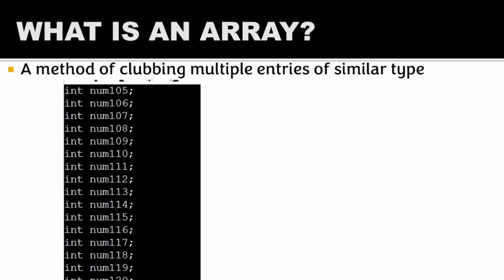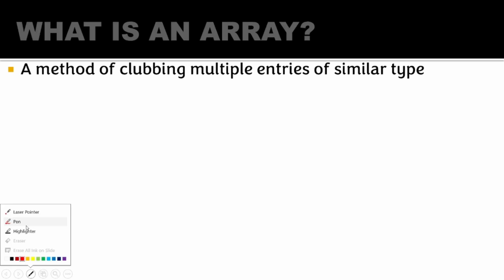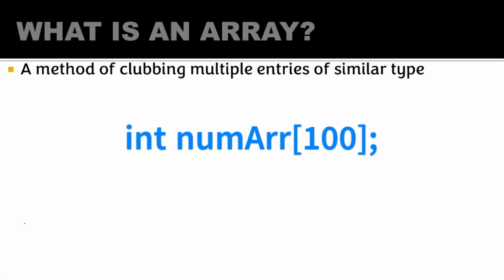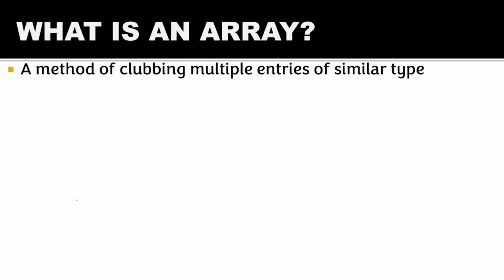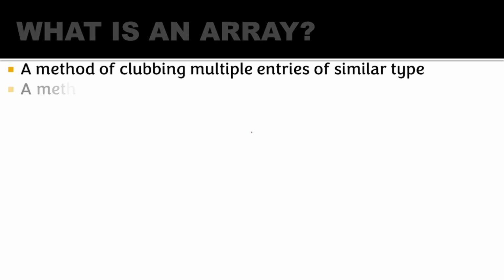Instead, if you have some other mechanism, you can club those hundred values into one variable name, and you can evolve a kind of mechanism by which you can achieve the same goal. And this is how the array works.